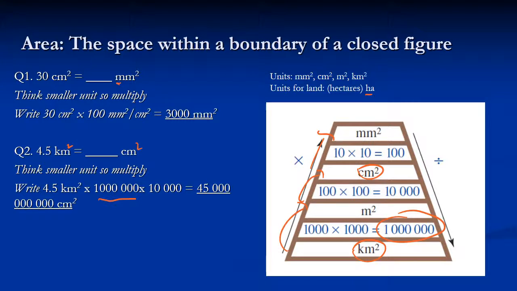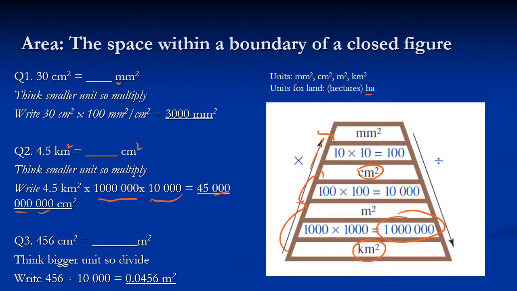So here's our first conversion factor. And then there's 10,000 square centimeters in a meter squared. So that's another conversion factor of 10,000. So we've got a very large number. So it's 45,000 million, so 45 billion square centimeters in that kilometer squared.